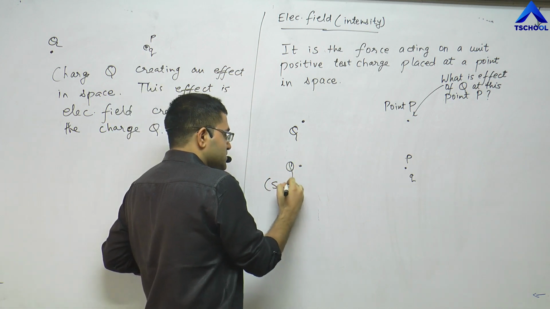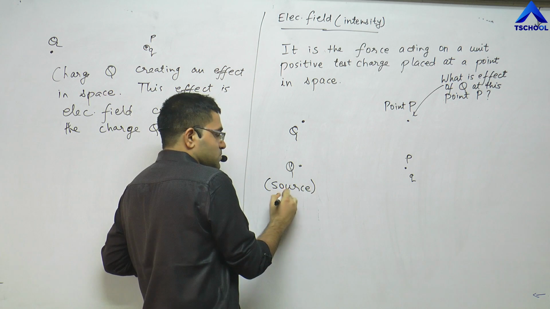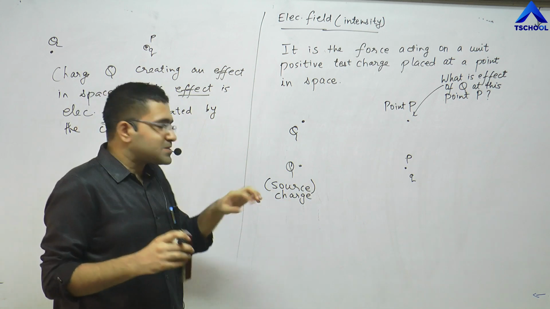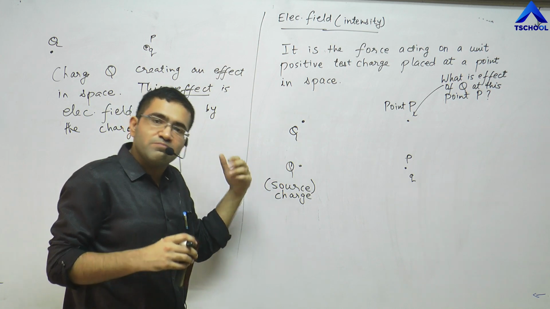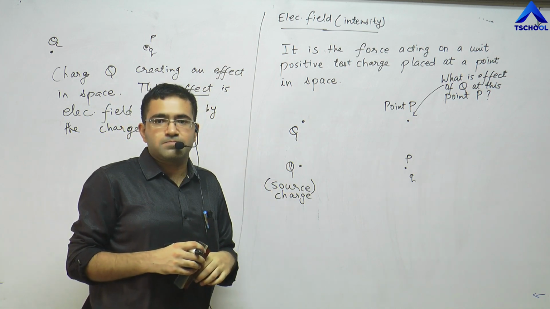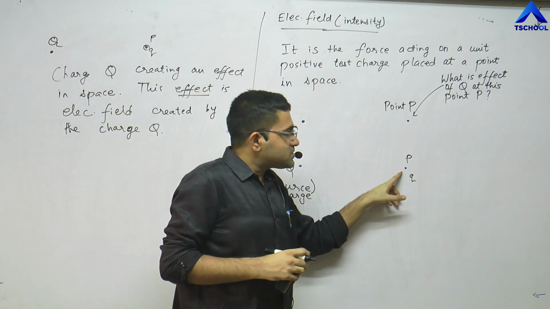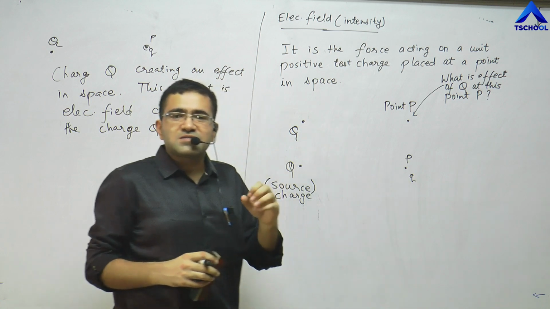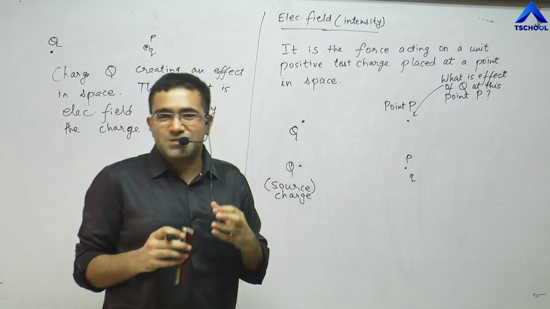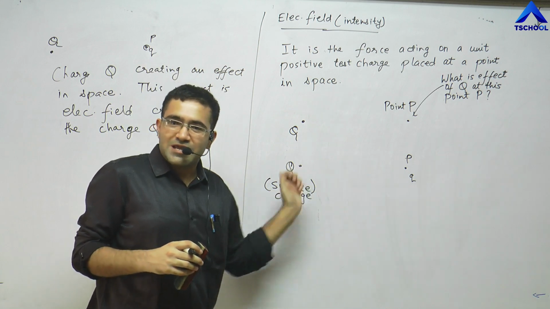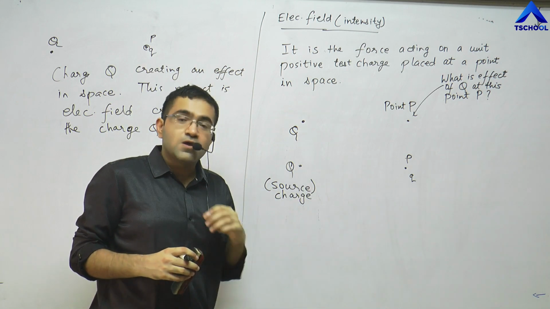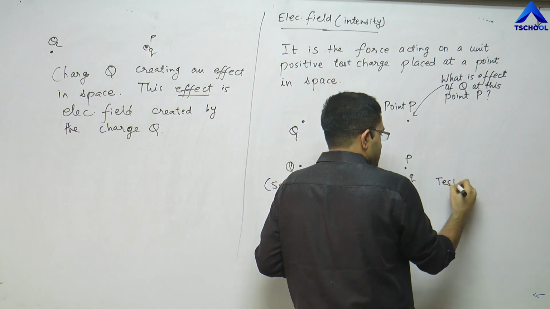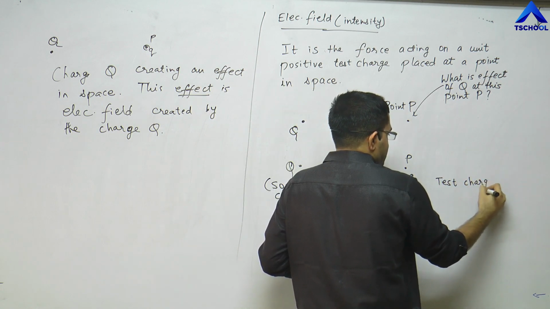So I'm going to call it source charge. Because the effect is actually created by this charge, and we want to measure that effect, right? And this charge small q, which is placed over here, is placed by us to test, to measure the effect. So that's why we call this charge q the test charge.